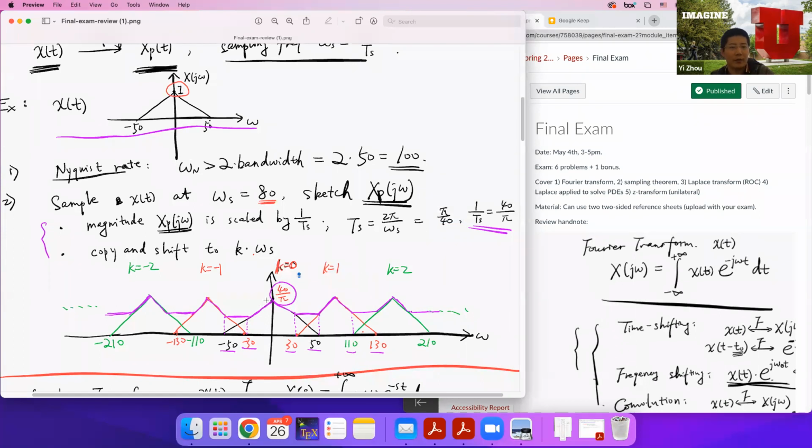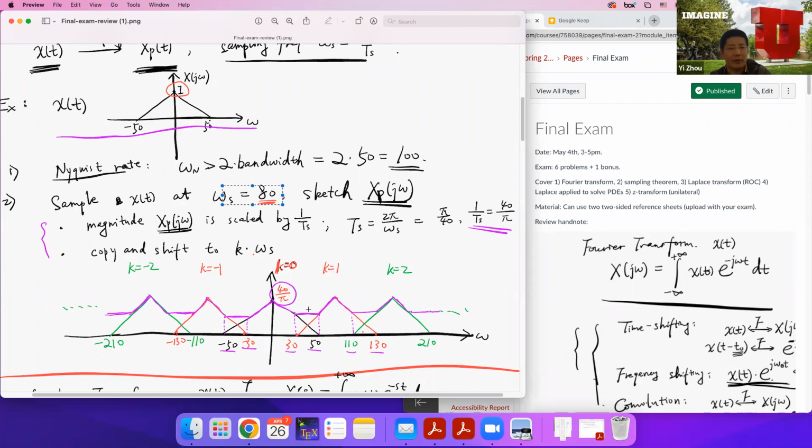Then we take this copy and shift it to the left and to the right by a period of 80. The period is the sampling rate. Shifting this copy to the right by 80, 50 becomes 130, and -50 shifted to the right by 80 gives us 30. This gives us the first copy of the spectrum.